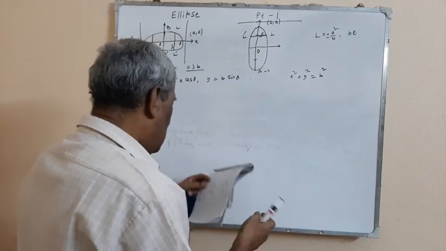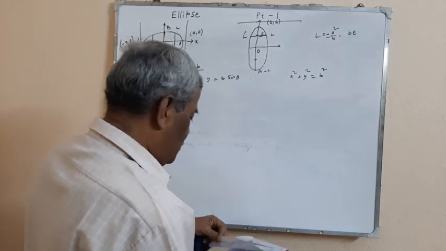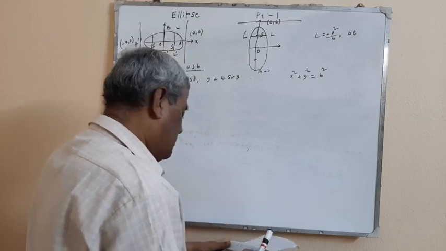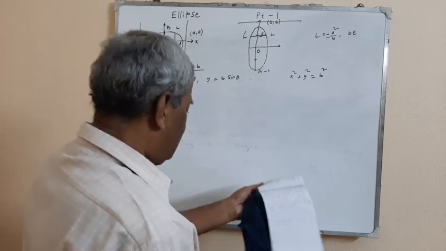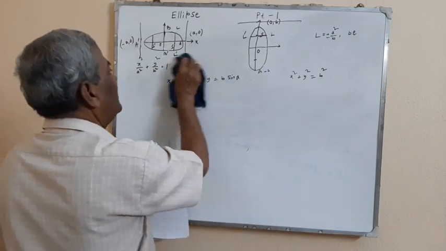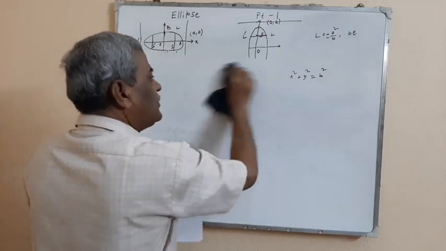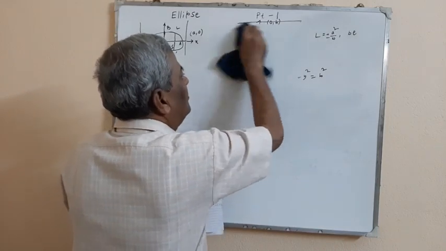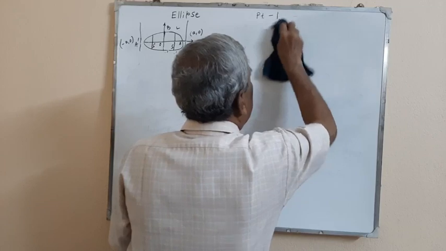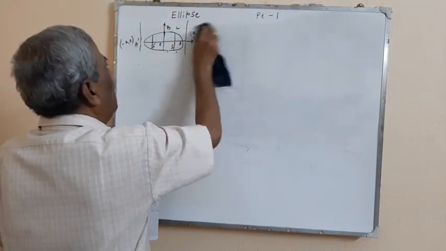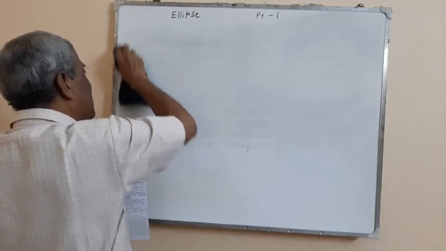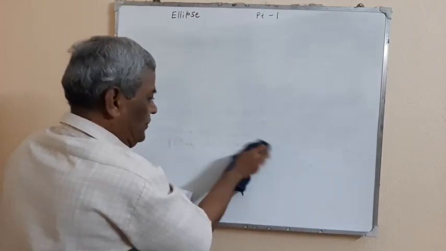Okay, now let us take a few problems. One thing I must mention is that for the ellipse, problems are actually very simple. The only thing is you have to keep in mind all the formulas I just told you.